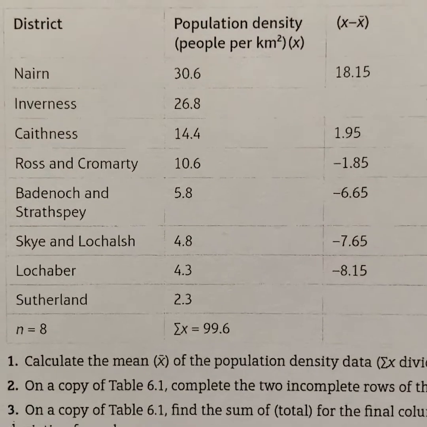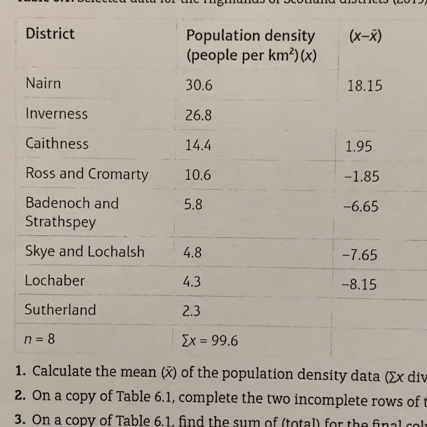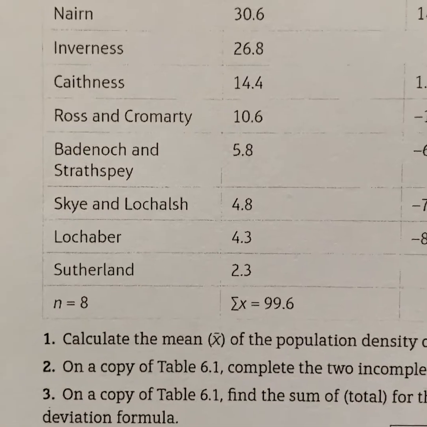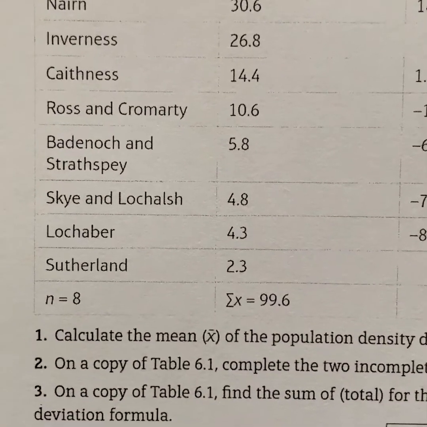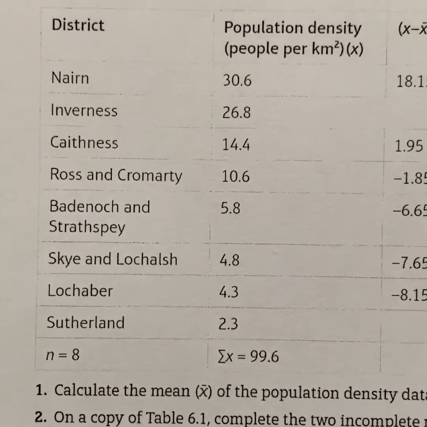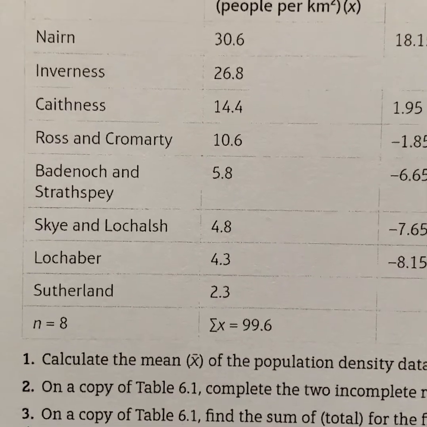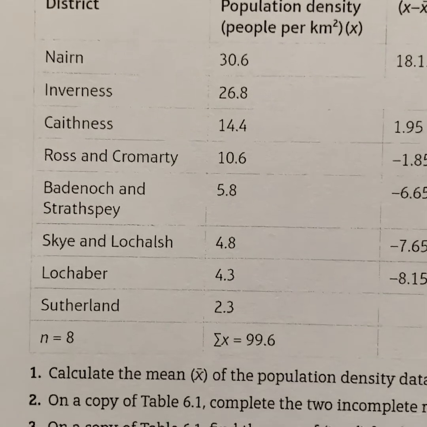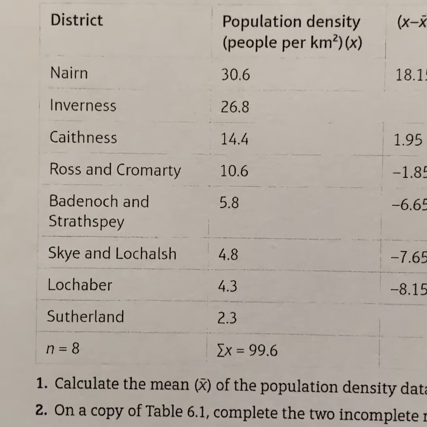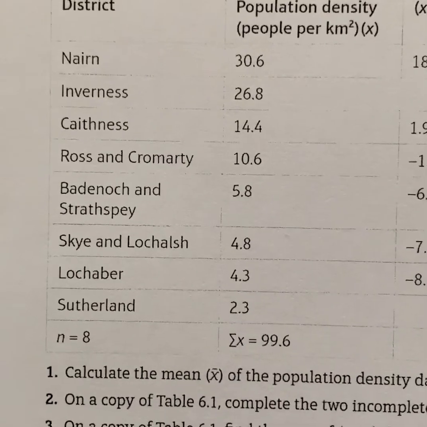And the first thing we want to do is to work out the mean. So in order to do that, we need to add up all of the population density information. That gives us 99.6. That's the sum of that x column. It's 99.6.